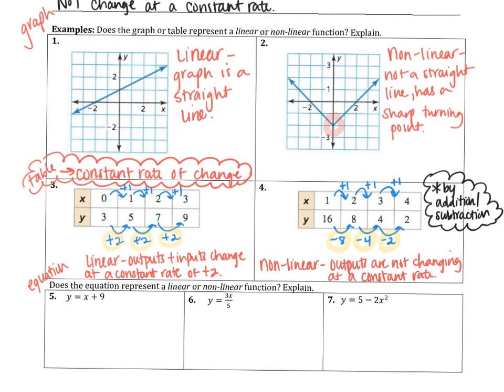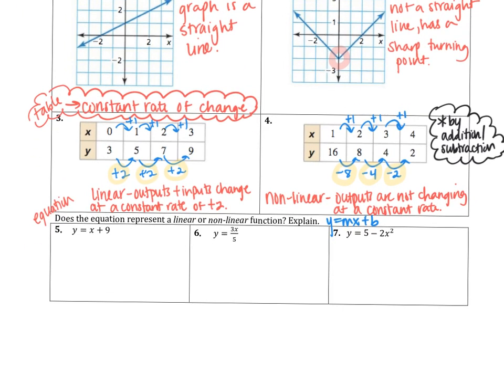All right, so now we've learned how to determine if a function is linear off a graph, off a table, and now an equation. So remember, the structure for a linear equation is y equals mx plus b form. And so we're looking to see if these 3 problems have that form. All right, so in this equation, we can say, yes, this does have that y equals mx plus b form.